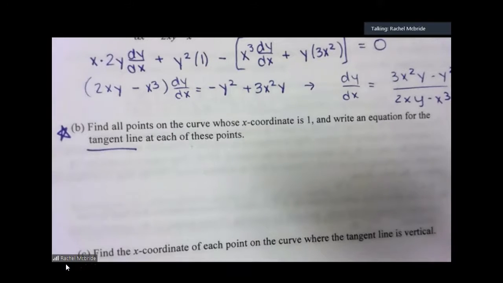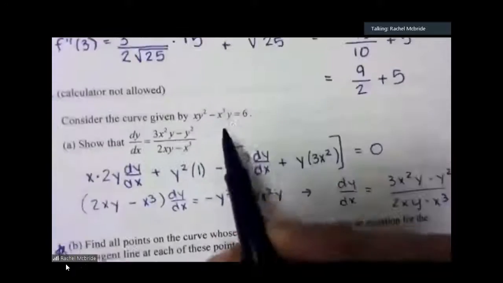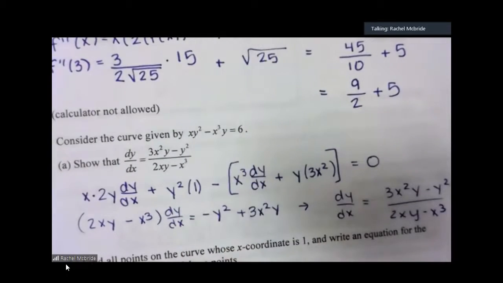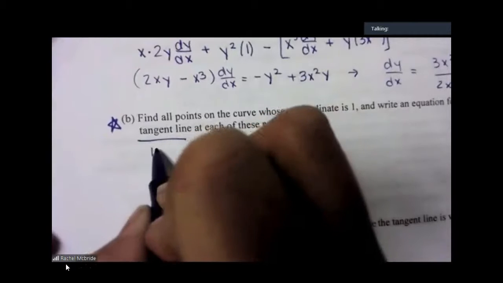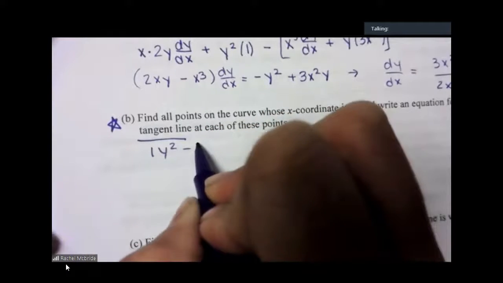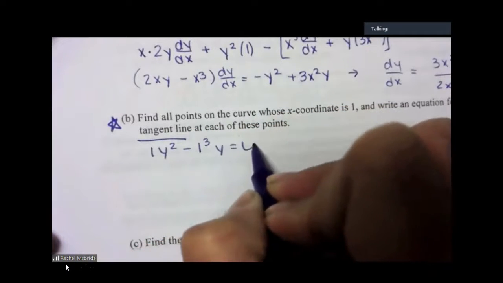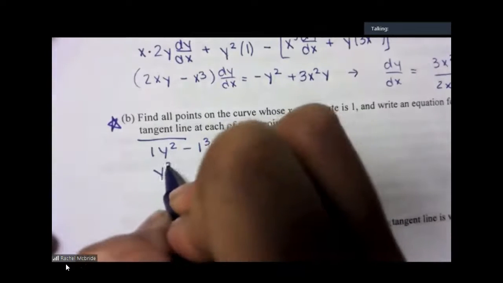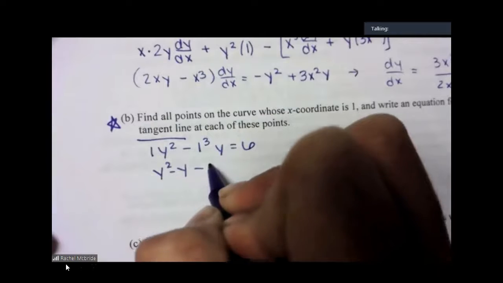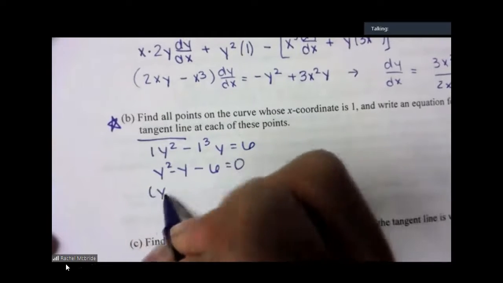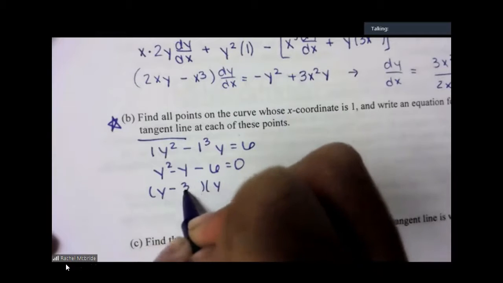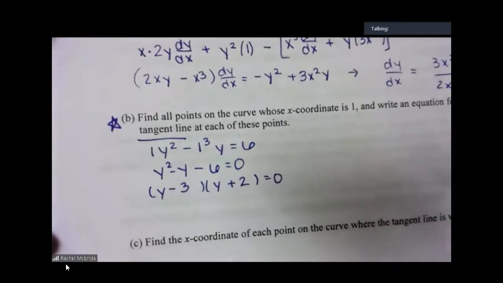So the first thing I got to do is take the original function and plug in x equals 1 and solve for y. So it ends up being a quadratic. So I got y minus 3, y plus 2.